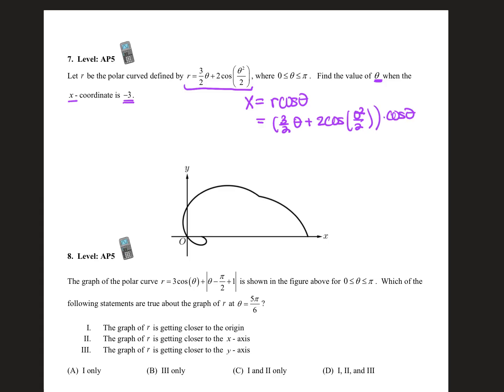And we want to know when x value is equal to -3. So you're going to put this in your graphing calculator. Put this under y1, put this under y2, find the first intersection point, and the first intersection point will be theta equals 2.585989.